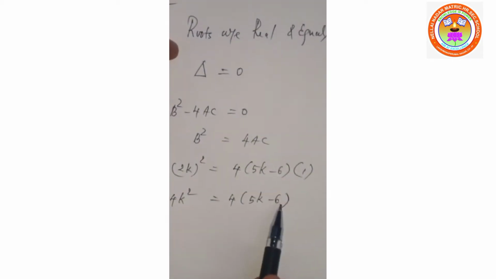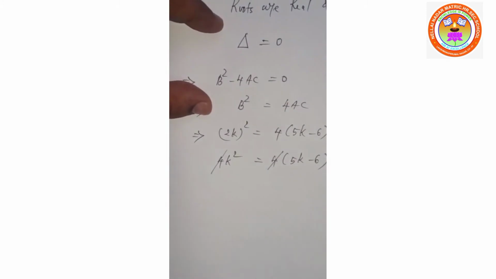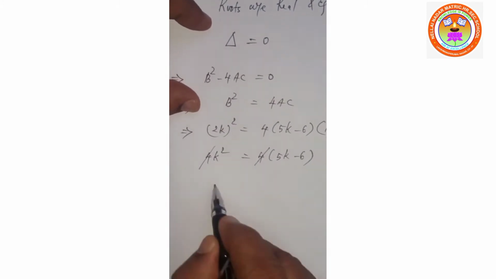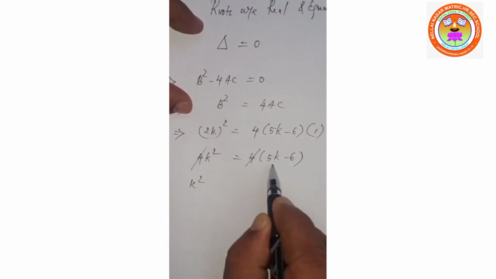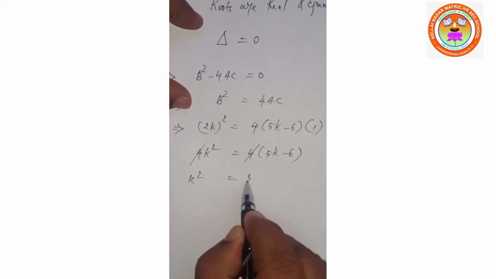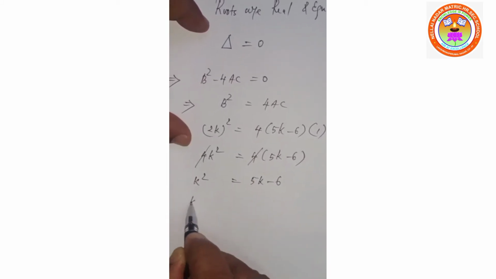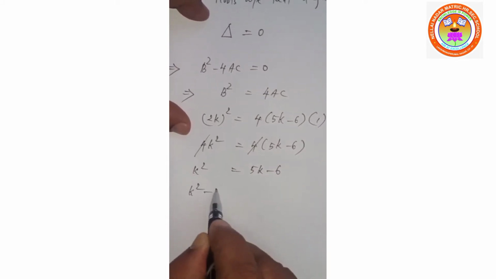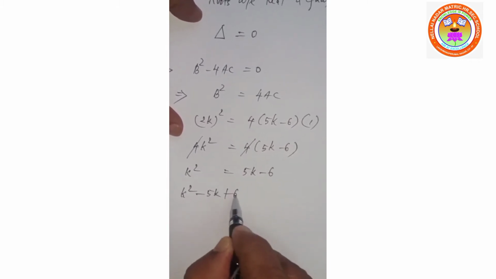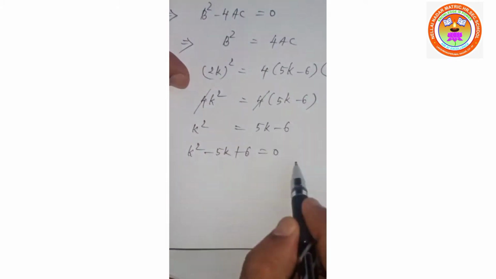Before multiplying these two, you can directly cancel 4 and 4. Then you write k squared, minus 5k, plus 6 is equal to 0. It's a quadratic equation.